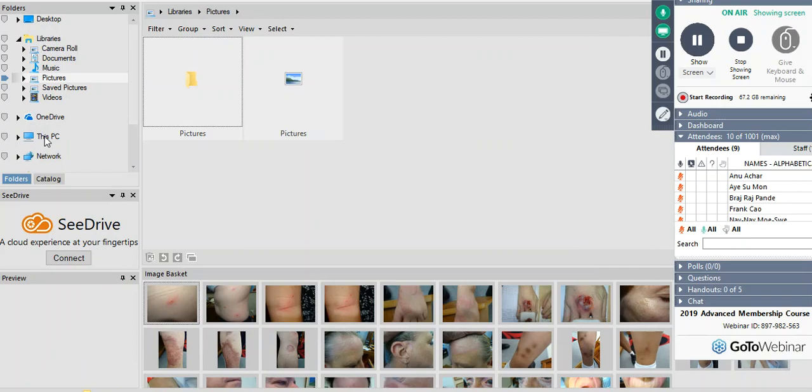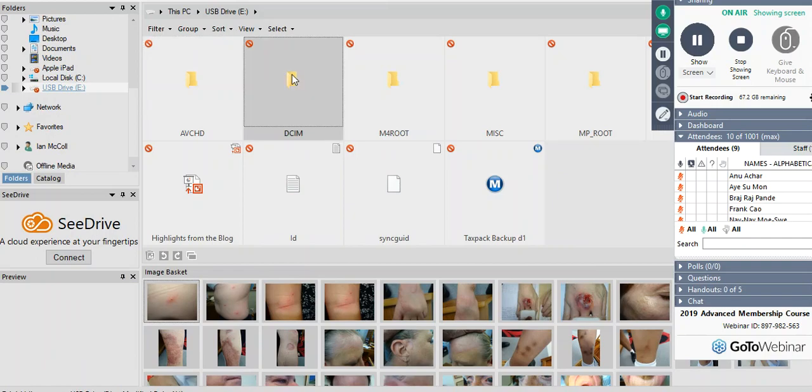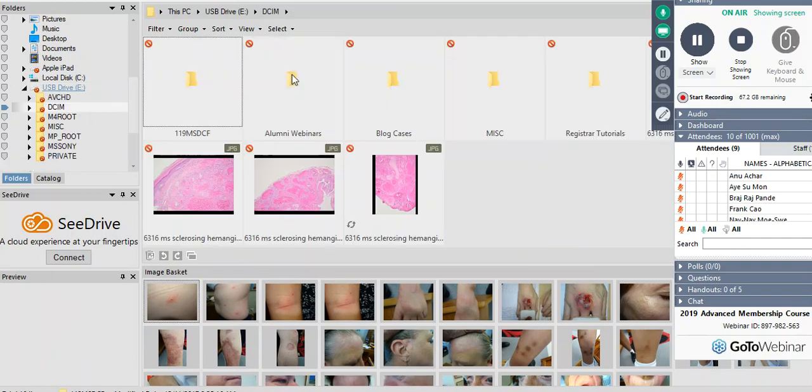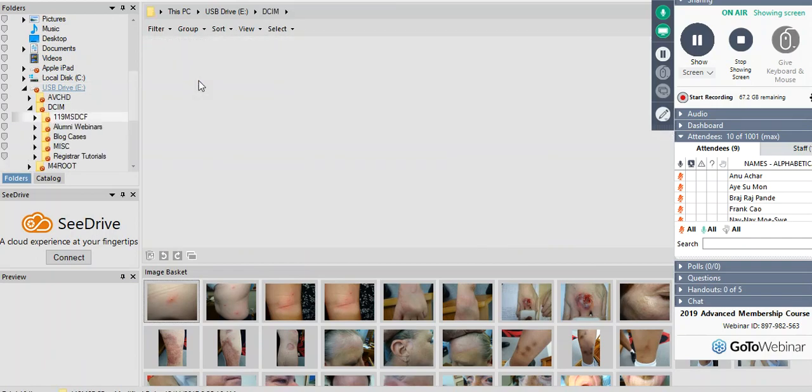I may have a little bit of trouble getting this up, but I did have a couple of cases I wanted to show you that I showed the others.